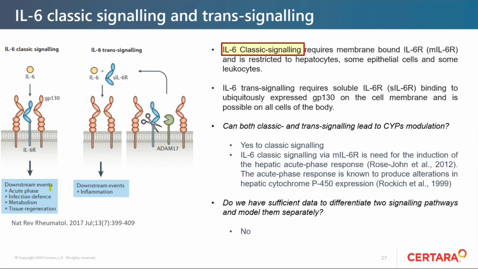Well, the quick answer to the first one is yes to classic signaling, as suggested based on some literature, either direct or indirect evidence. And the answer to the second one is no. So therefore, our model will focus on modeling the classic signaling pathway and account for the CYP modulation in liver and gut, where the membrane-bound IL-6 receptor is expressed.